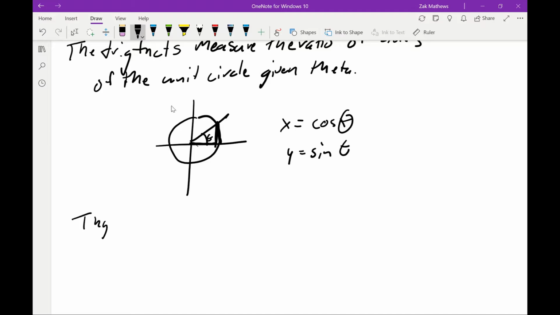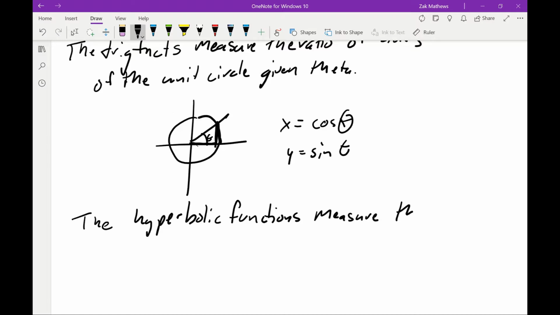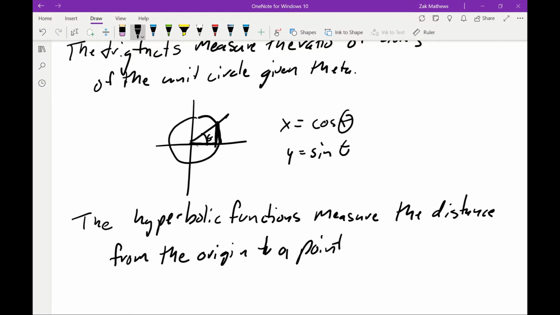The hyperbolic functions measure the distance from the origin to a point on the unit hyperbola.